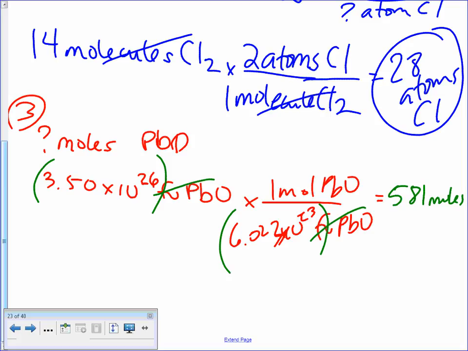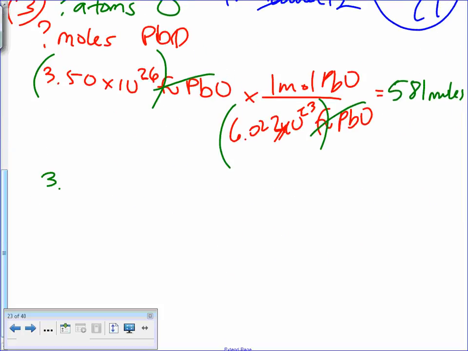Okay, what if instead I'd said go to atoms of oxygen? Instead of going to moles, I wanted you to get atoms of oxygen. What would you do from this step here? Formula units of lead(II) oxide. Anybody? Go for it, Jason.